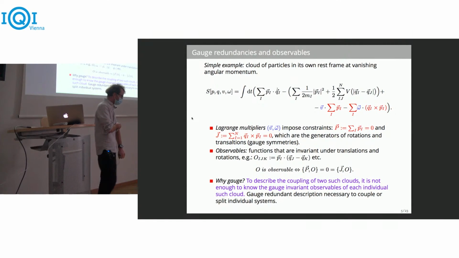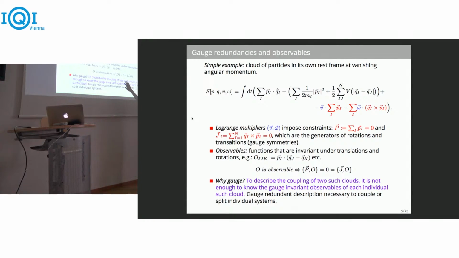A simple mechanical system that satisfies this principle is the following. Just consider a cloud of n particles and study its dynamics in its rest frame under the condition that the total angular momentum vanishes.